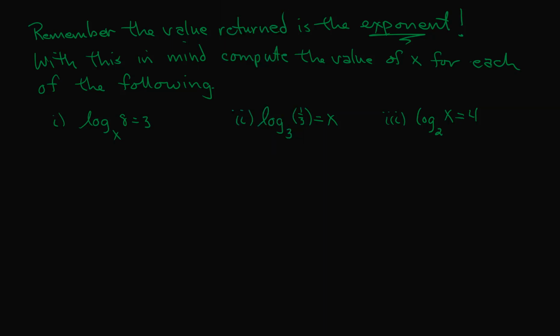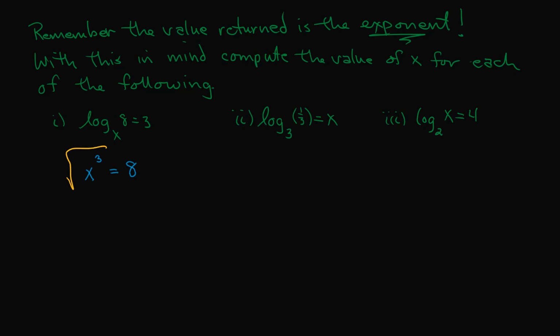The first thing I want to do here is rewrite this log in terms of a base raised to a power equals a final result. In this case, we're going to have x raised to the third power equals 8. To solve for x, I'm going to apply the cube root to each side.